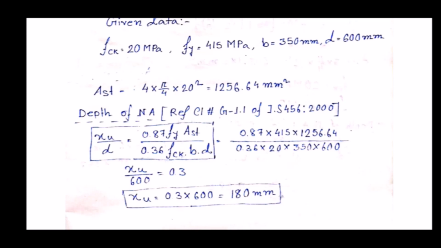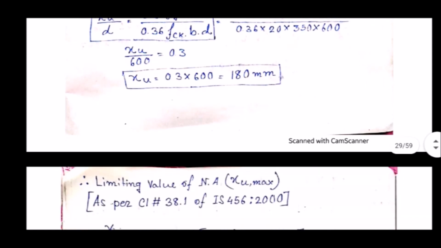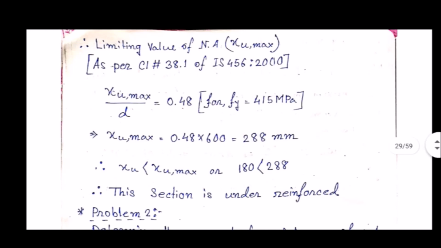So now we have to find out the next answer for the question. The next question is the type of section. For that we have to find out the limiting value of the neutral axis, that is xu max. So as per clause number 38.1 of IS 456:2000, just below clause number 38.1 we have a table.